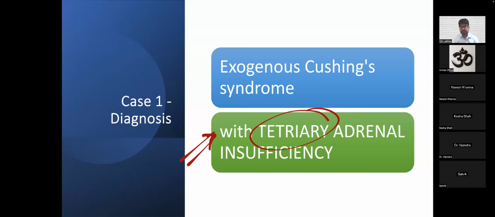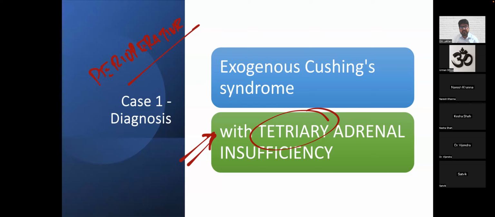So again, as physicians, we often deal with perioperative patients. Let's say a patient comes to you for joint replacement, or a patient develops a fracture. Exogenous Cushing's patients are more likely to develop fractures. So let's say the patient develops a fracture and comes in an emergency, and they want a perioperative fitness from a physician.